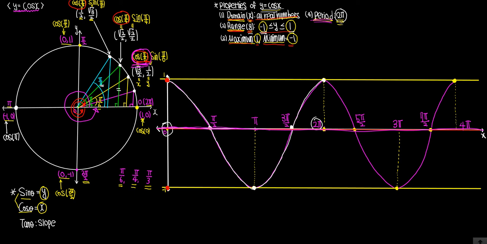That means once a certain form is formed, that form continues in the positive and negative infinity directions, and the period is 2 pi radians. From 0 to 2 pi radians, the y value goes 1, 0, negative 1, 0, and positive 1 as the maximum value again, and that is the period of 2 pi radians. And these were the basic properties of the y equals cosine x graph.